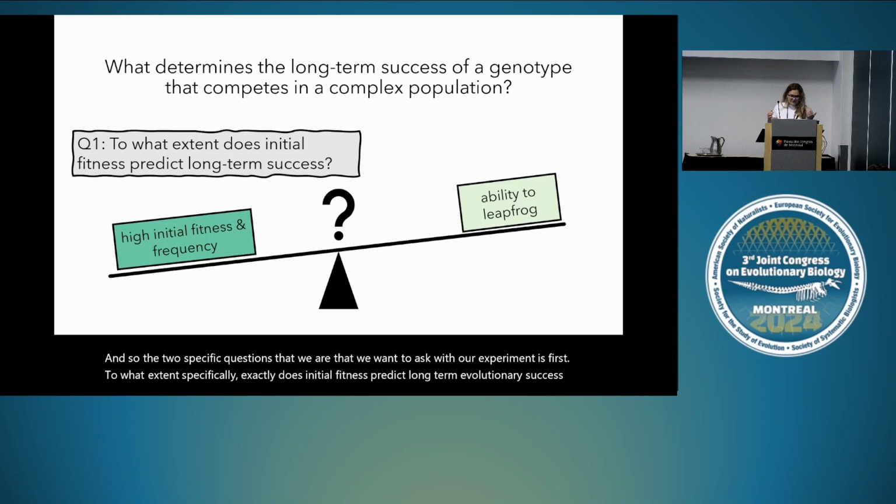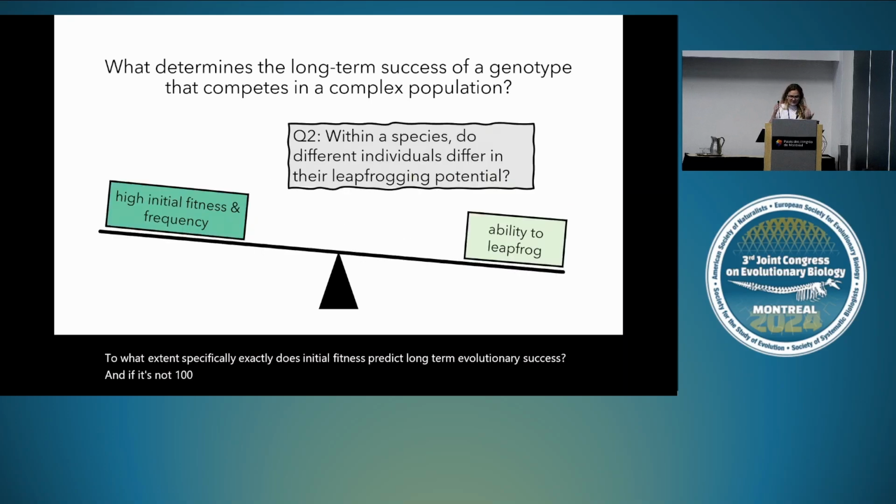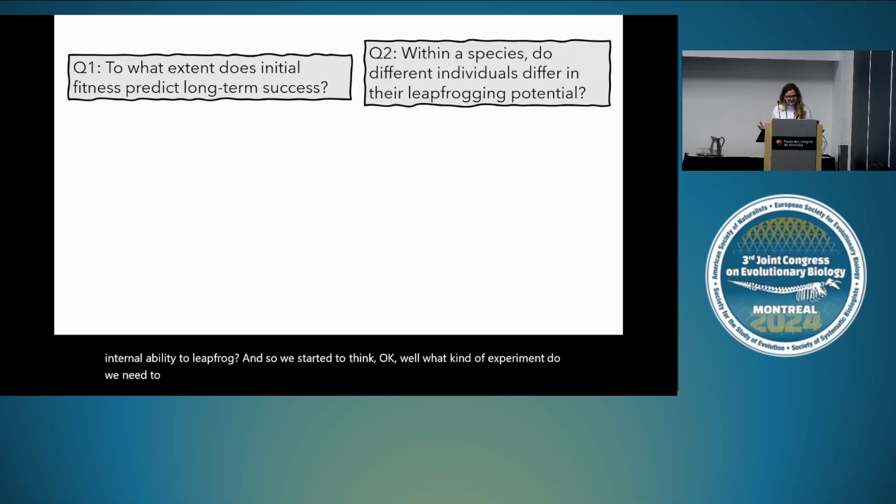And if it's not a 100% prediction, then within a species, do different individuals differ in their internal ability to leapfrog? And so we started to think, okay, what kind of experiment do we need to do to answer these two questions?